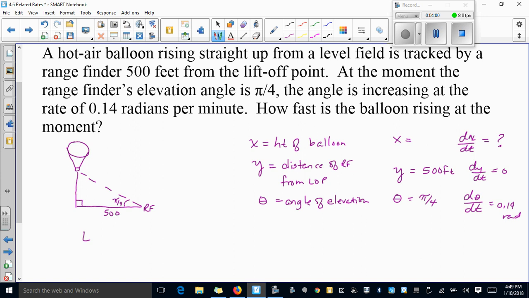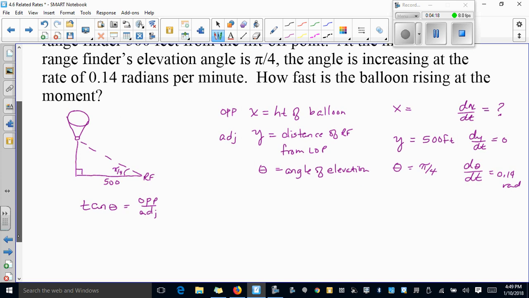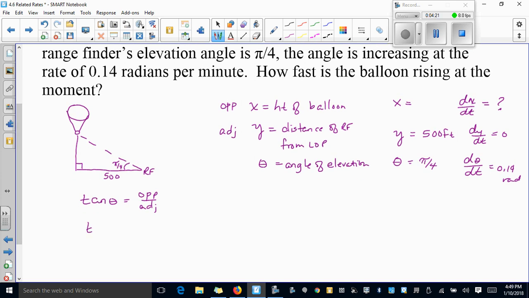So tangent of pi/4 is equal to the opposite, which I don't know, over the y value of 500, the adjacent. Tangent of pi/4 is 1. 1 equals x over 500. We know x has to be 500 as well.